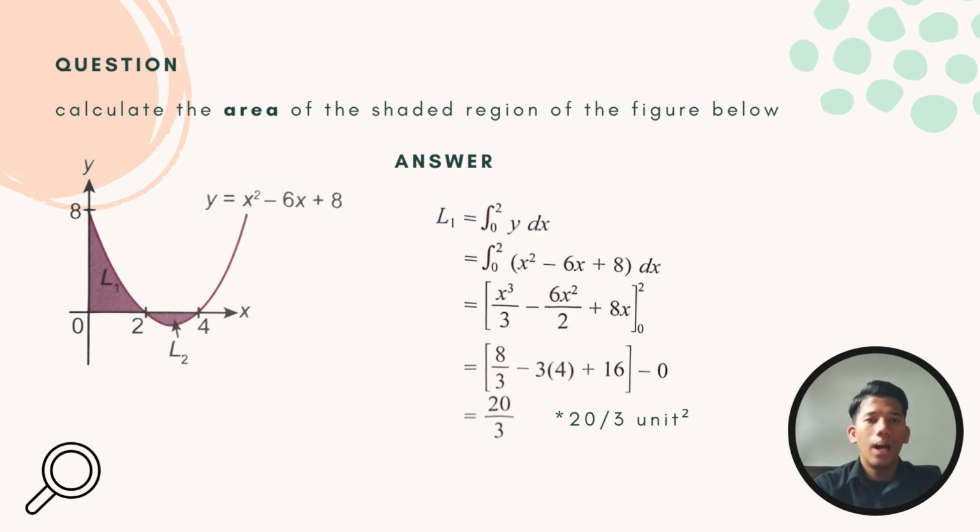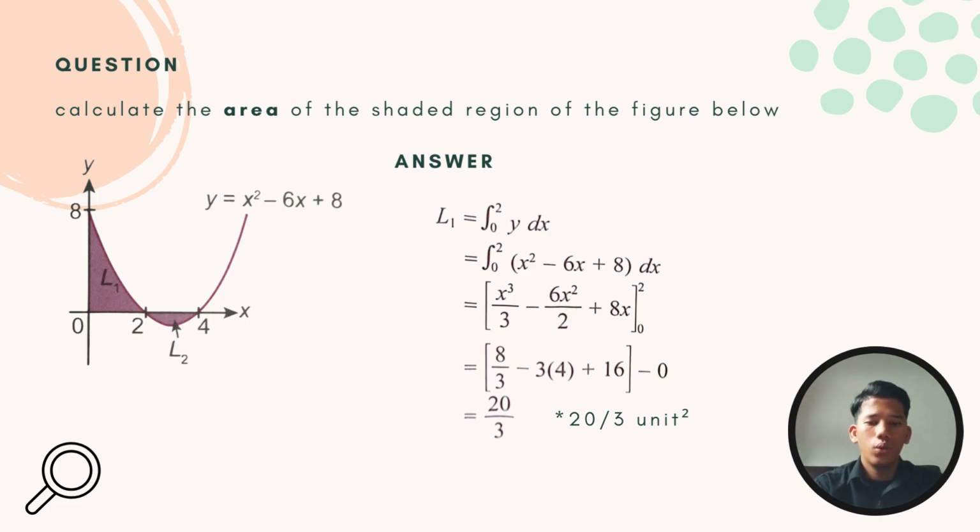Next, the integral with upper limit 2 and lower limit 0 of (x squared minus cx plus a) dx. Next, we integrate them and get the answer x to the power of 3 over 3 minus cx squared over 2 plus ax. After we get the answer for the integral, we replace the value of x with the upper limit 2.